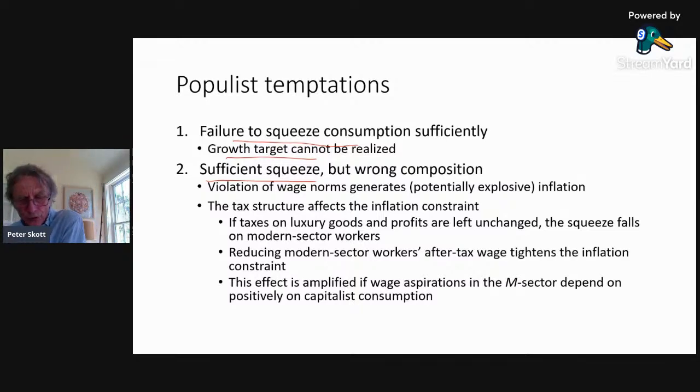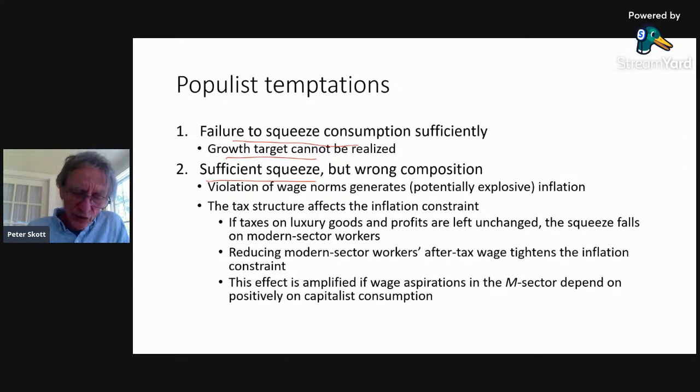You had boosted demand maybe initially, and that would tend to increase incomes in the informal sector. You offset that now by reducing after-tax incomes in the formal sector. What you end up with is a potentially significant violation of the inflation constraint, and the result would be cost push inflation that can take hold.